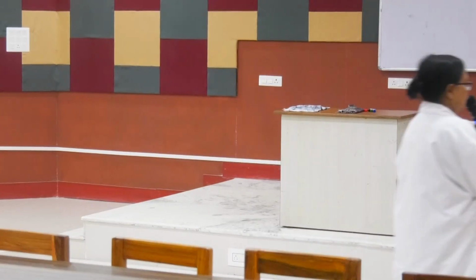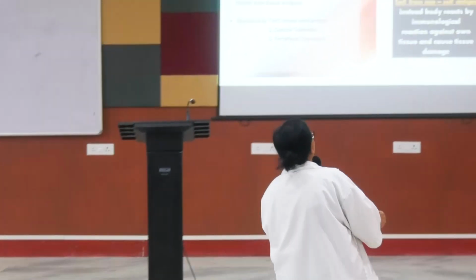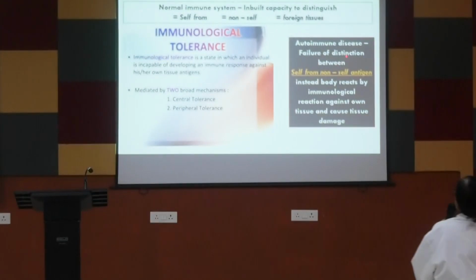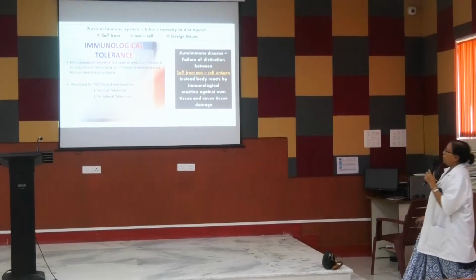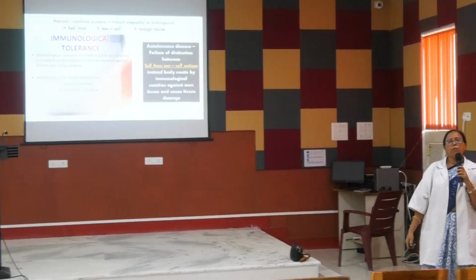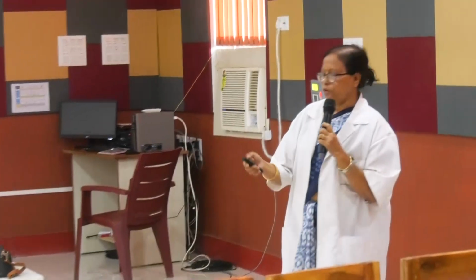So if any tolerance breaks down, it gives rise to a reaction to the self-antigen and disease is the product. So we have to understand this. Autoimmunity is the failure of distinction between the self-antigen and non-self antigen. Instead, the body reacts immunologically, causing tissue destruction and autoimmune disorder.